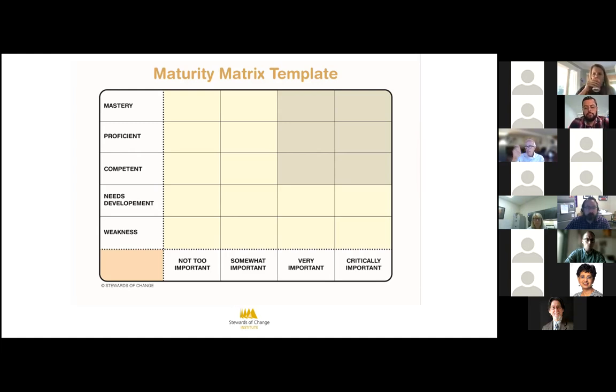So let's just take, for easy purposes, technology. Where do we sit on technology? One could say that it's a critically important driver. And yet some people feel like they've got a handle on it. Some people think we're doing pretty well. Some people think we're not doing well, depending who you talk to.